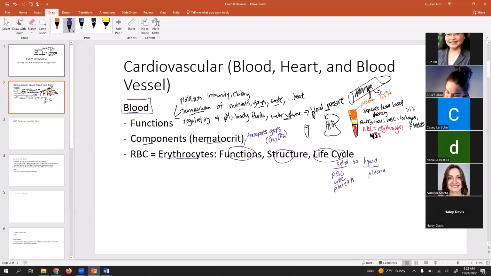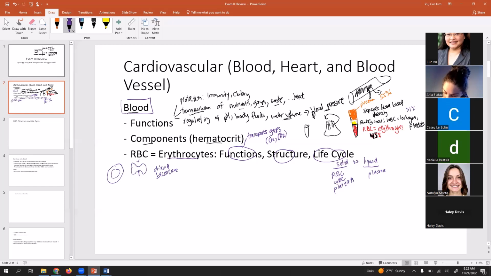Okay, so let's go through the structure. If I were to ask you about red blood cells, what word would I use in terms of structure? Biconcave. Very good. Keep going. Discoid. Excellent. So in terms of structure, it looks like a donut.